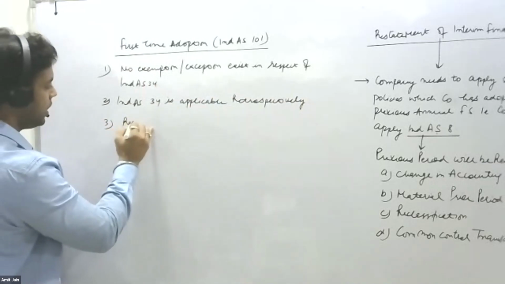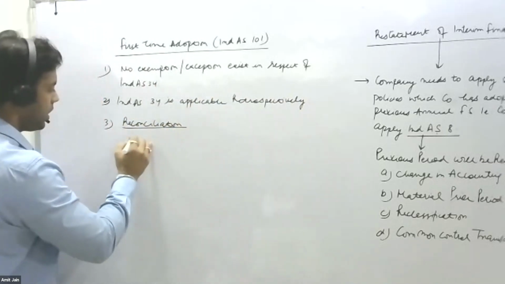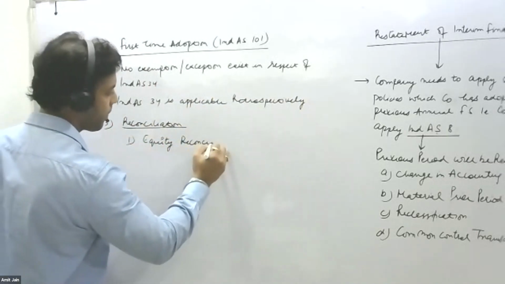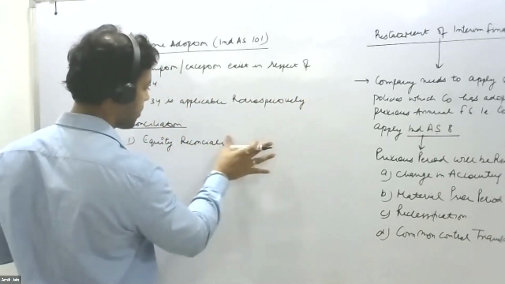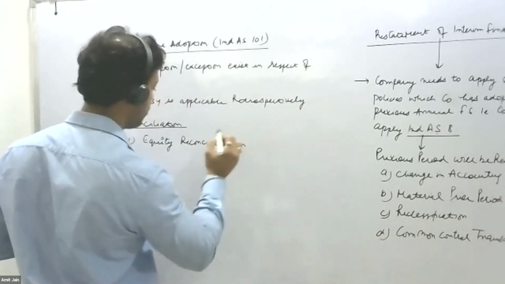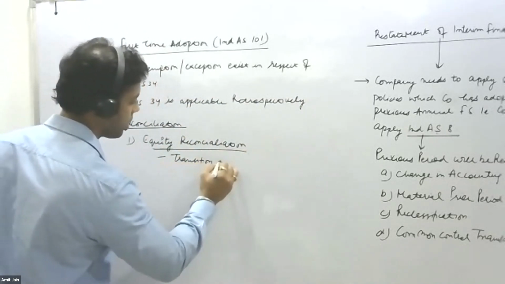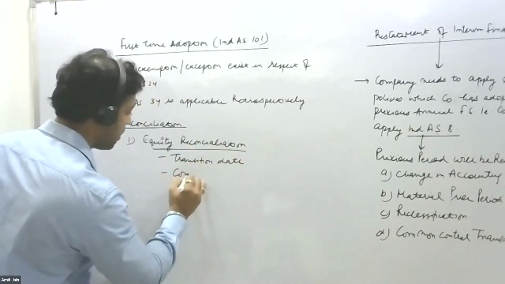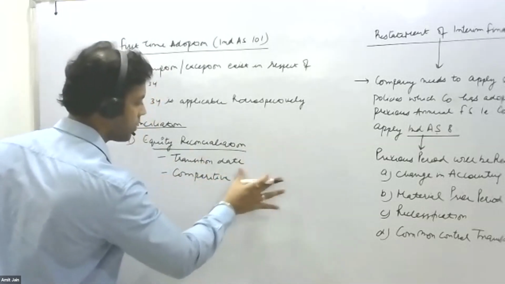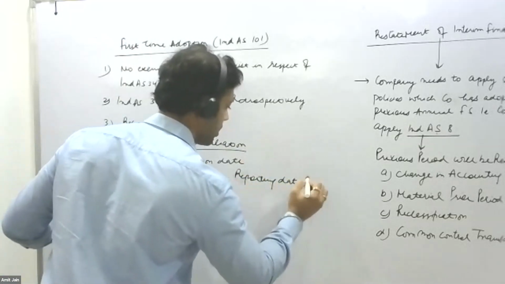What all reconciliation needs to be presented? Equity reconciliation to be presented, equity reconciliation for the transition date and comparative reporting date, right?